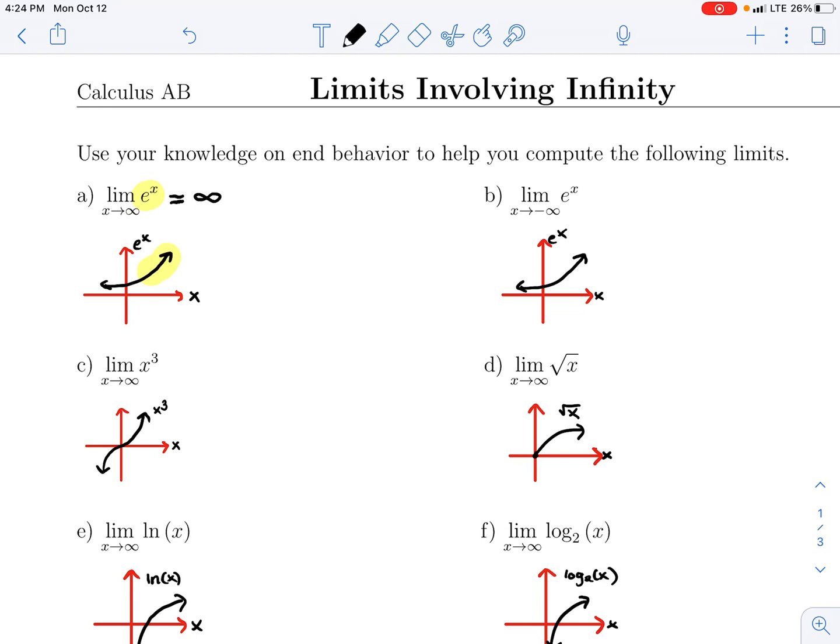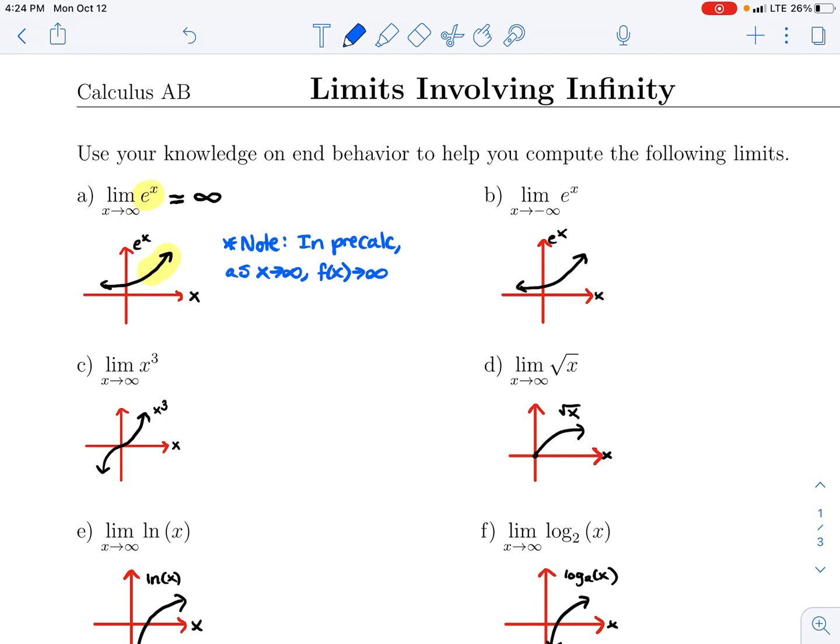Okay, and so you can note here in pre-calc we would write as x approaches infinity, f of x approaches infinity. Right, and so here that's why I'm saying, well, really you were just computing the limit. The limit as x approaches infinity of my function is just equal to infinity.